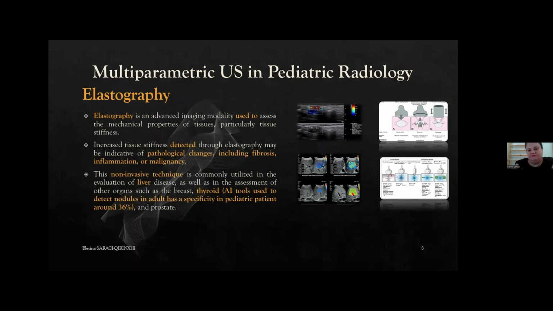In the pictures on the left, you can see some images of elastography in the thyroid, elastography of the liver with the confidence map and UGAP, and also a picture of the mechanism of elastography waves.